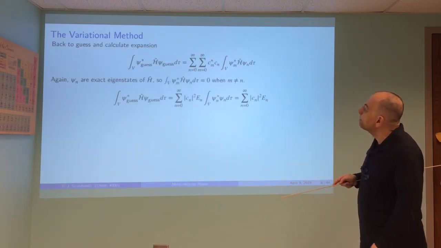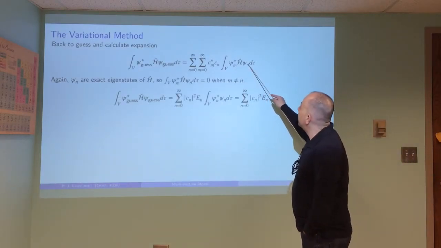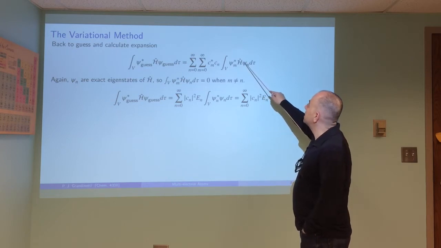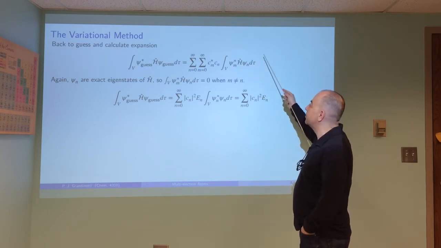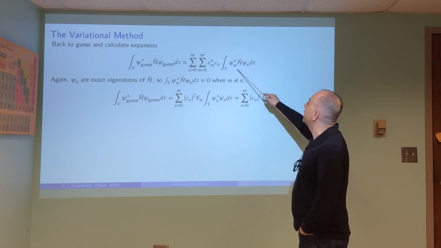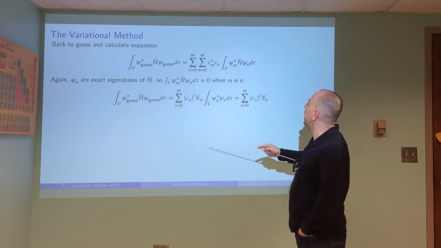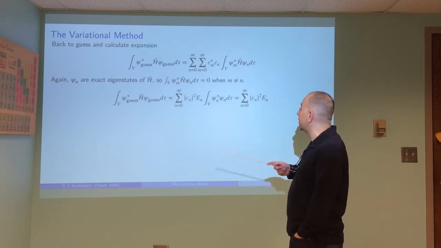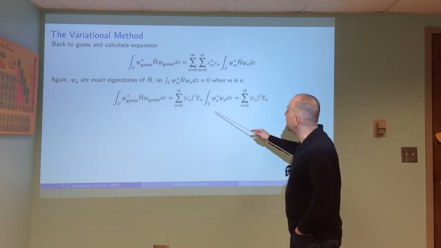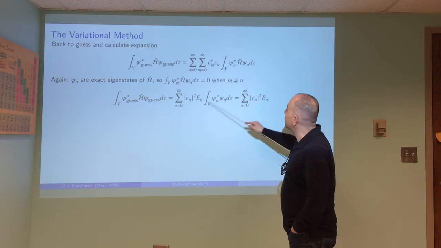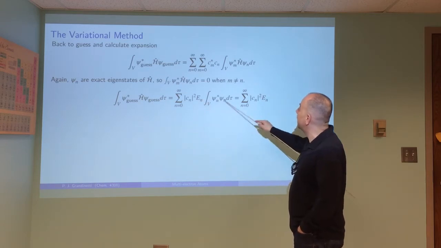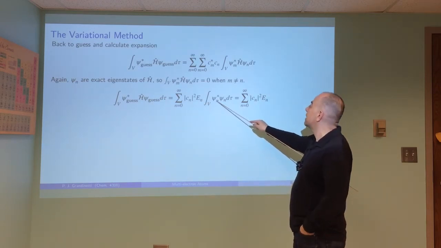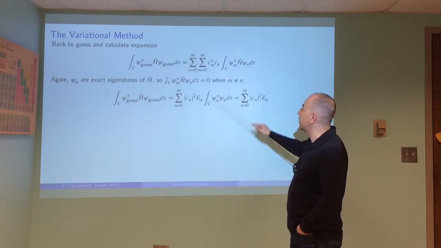Now, again, we know that when H operates on psi n, we just get back the energy times psi n, right? And then we end up with an integral that is either 0 or 1, depending on whether m and n are equal to each other or not. So I write that out here. When H operates on psi n, I get En back, and then I get an integral of just psi n, which goes to 1.